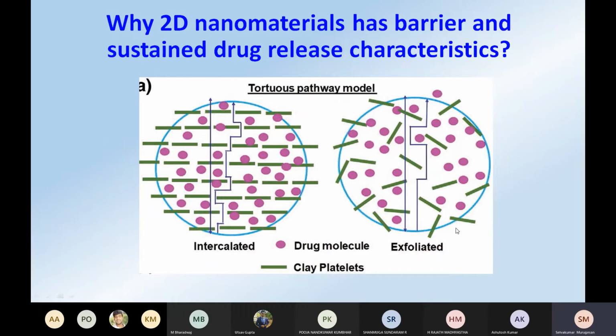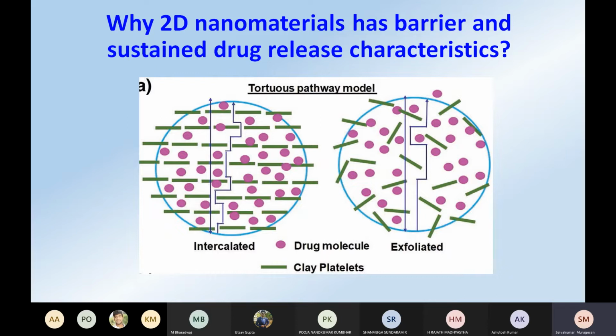That means the drug will start to release immediately, a robust or ultra-fast drug release. Once the drug is released completely, you will end up with a lot of side effects, and that is usually not favorable.